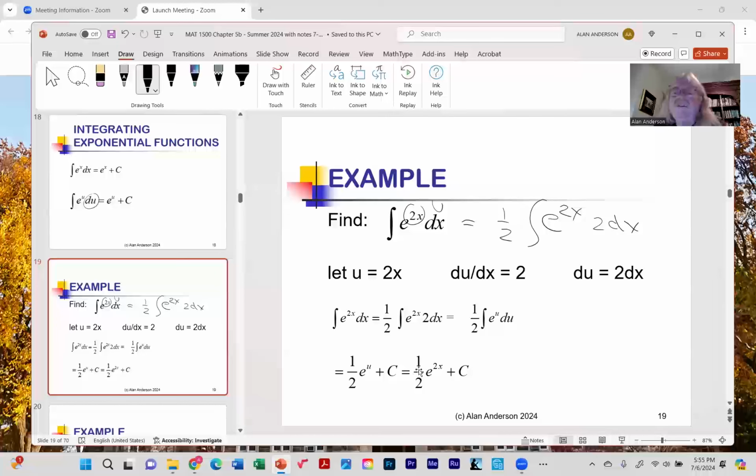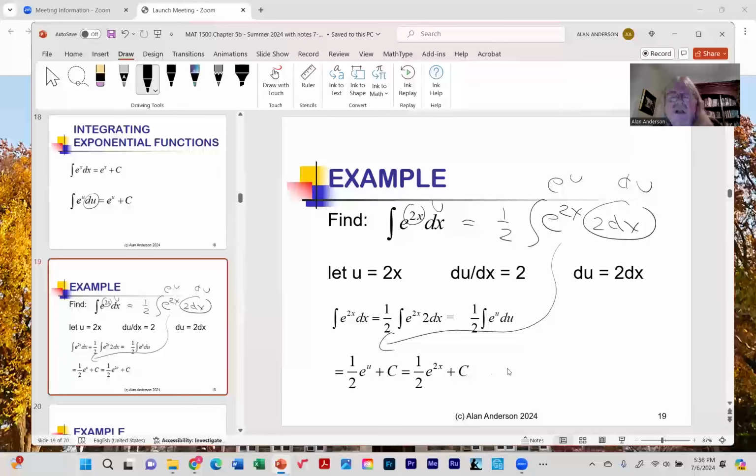Just multiply by half and 2, so we haven't changed anything. But now suddenly, look what we have. This is our e to the u, and this is a du. So then we can go ahead and integrate. And you can see down here, we just end up with 1/2 e to the u plus the constant. And then we replace the u with its definition of 2x. So we have 1/2 e to the 2x plus c, and we're done.